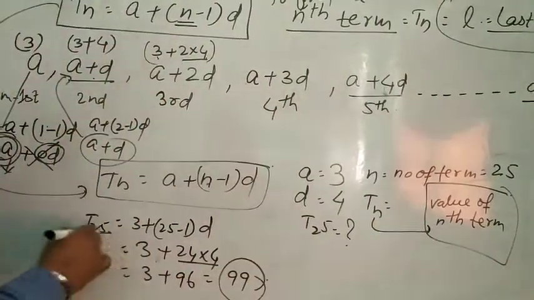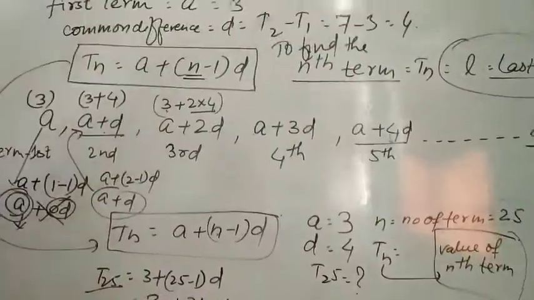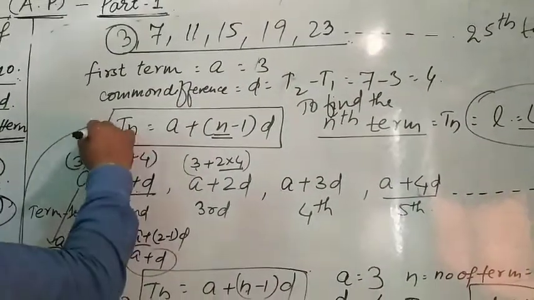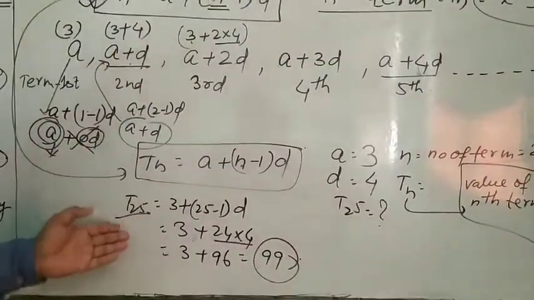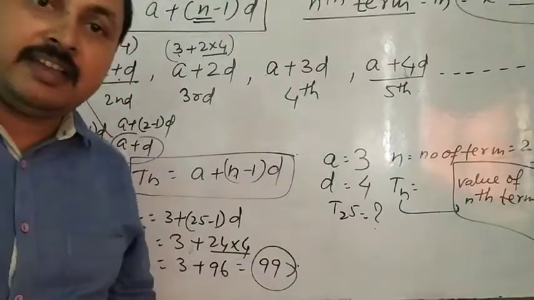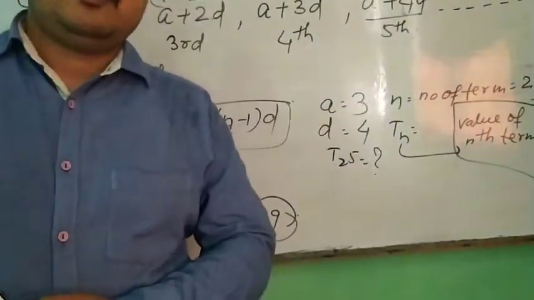Your 25th term is 99. So in this way, on the basis of this formula, we can find the value of Tn, also n, also A, and also D.